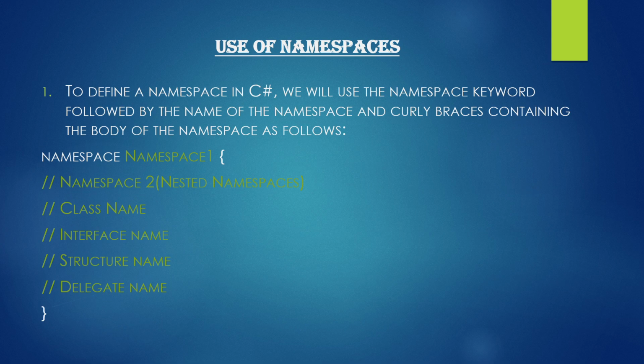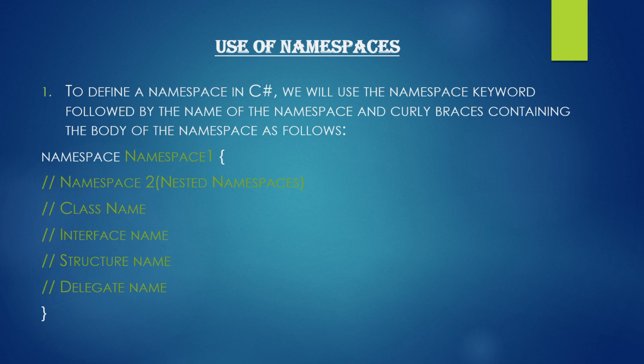Use of namespace. How can we use a namespace in our C# program? To define a namespace in C#, we use the namespace keyword, followed by the name of the namespace, and then curly braces containing the body of the namespace. You can see here that namespace is the keyword, and after that namespace one is the user defined name.